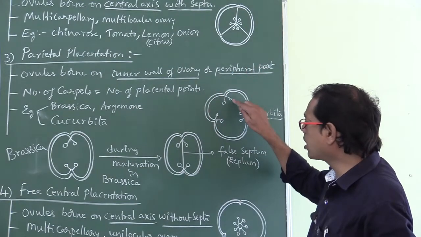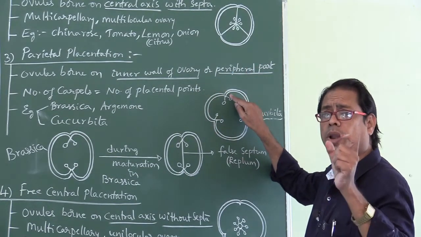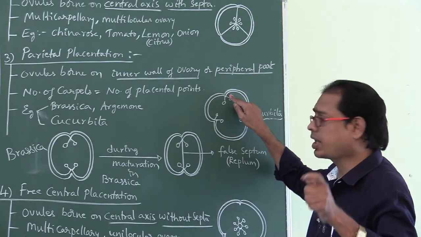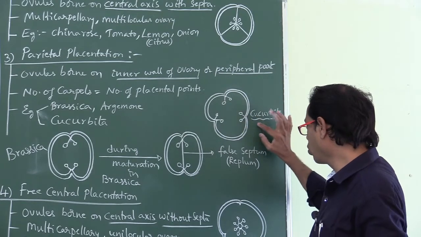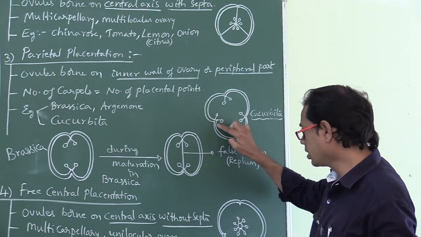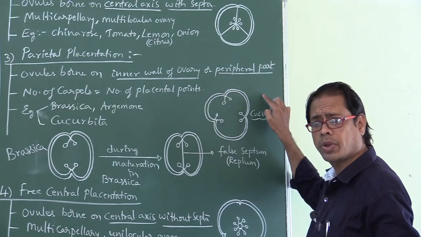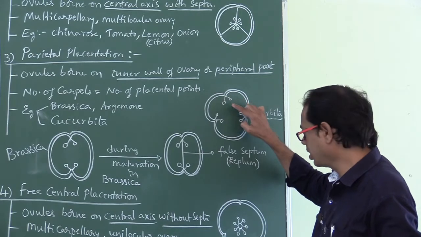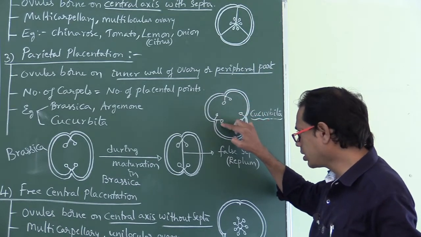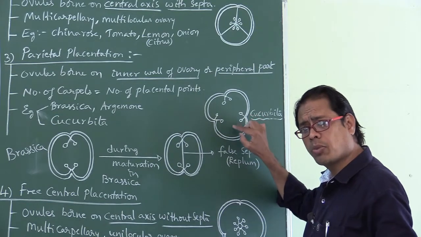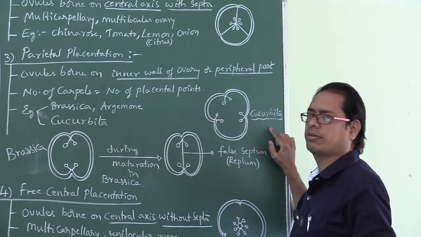Wherever the ovules are borne, those are called placental points, the placentae. In Cucurbita, this is one carpel, second carpel, third carpel. Number of carpels 3, number of placental points 3.